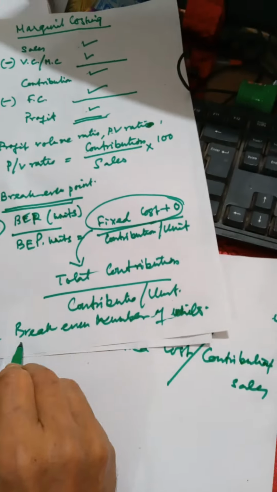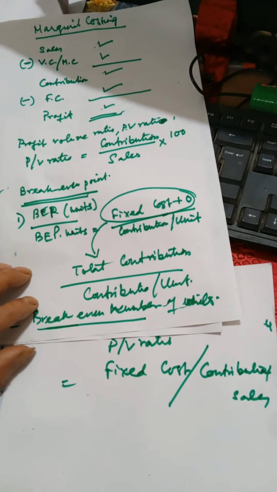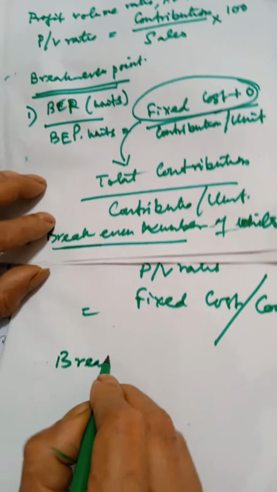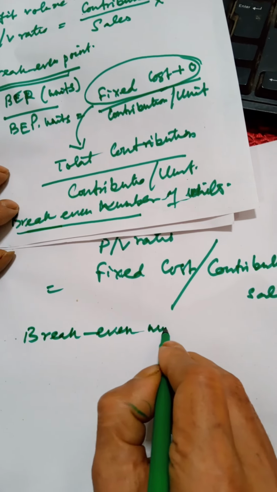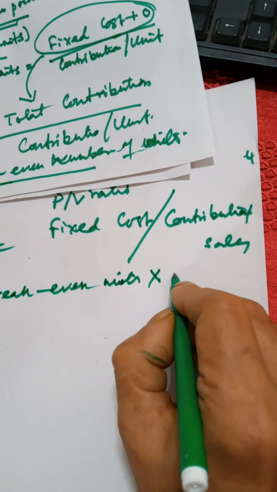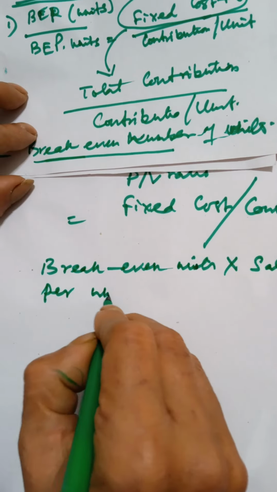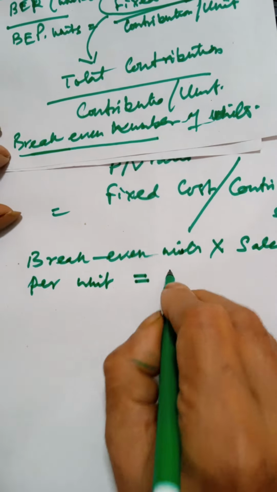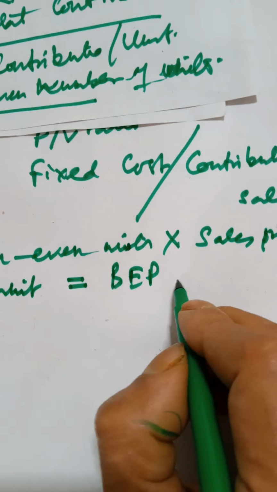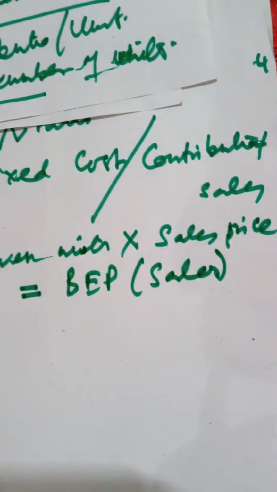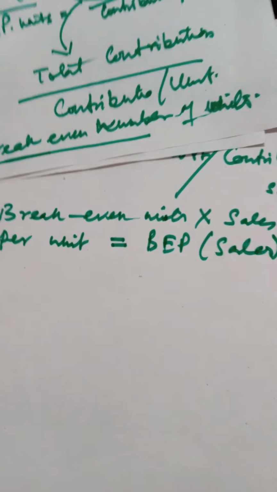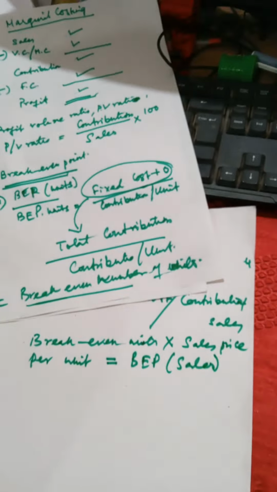On the other hand, you can also find out BEP sales by simply multiplying break-even units by the sales price per unit. That is equal to BEP in terms of sales. Okay, so BEP has two parts.